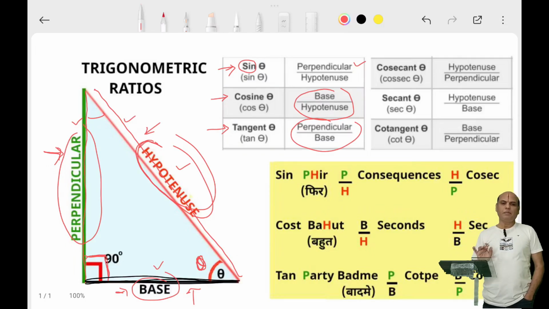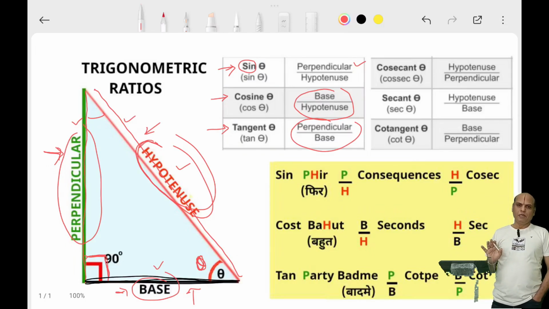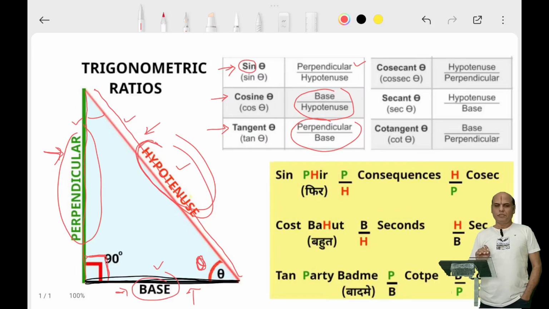These three are the fundamental trigonometric ratios, which we should remember. So sine theta is perpendicular by hypotenuse, cos theta is base by hypotenuse, tan theta is perpendicular by base. Okay, so here you need to remember, this is the angle theta which is considered.